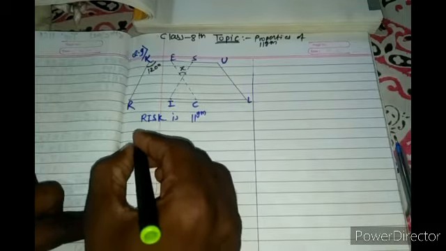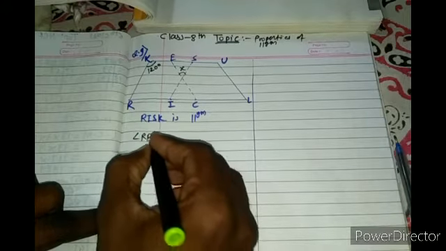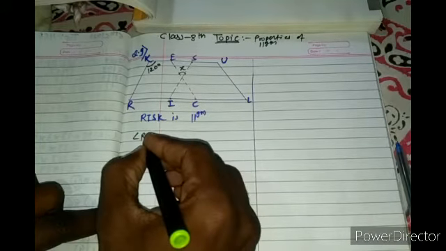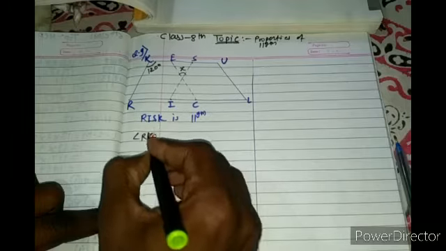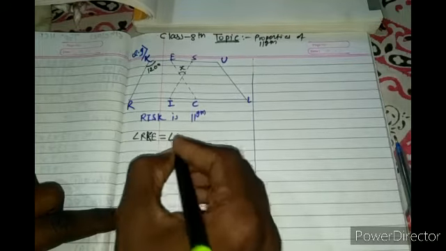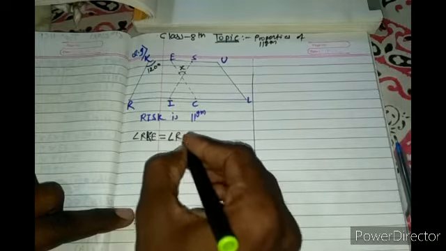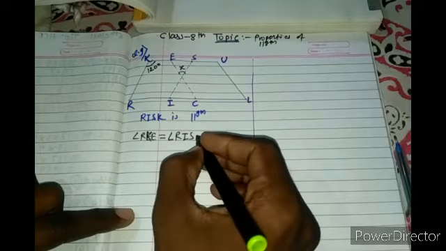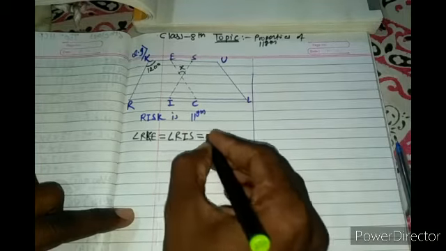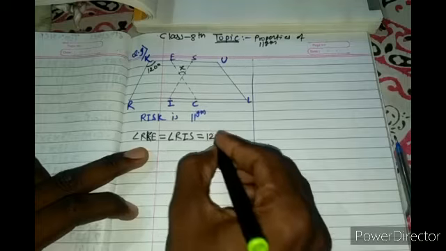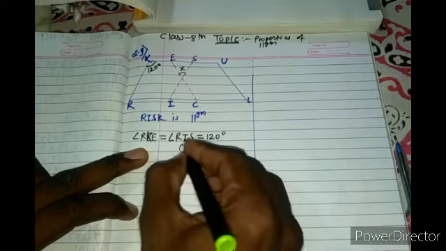So we will write angle RKE equal to angle RIS, right? What is the measure of RKE? 120 degrees. What is the reason?